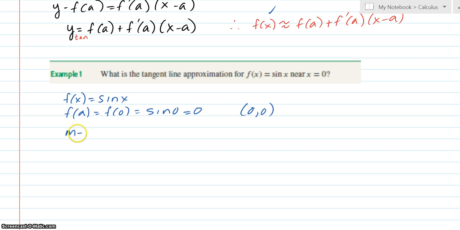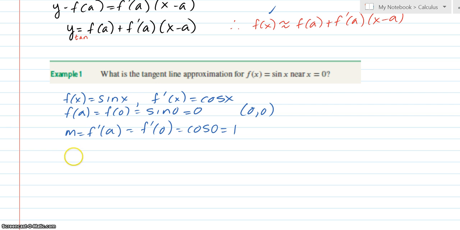And we know the slope is the derivative at the point, and f prime of x we know is cosine of x. So f prime of a, in our case f prime of 0, is cosine of 0, which is 1.